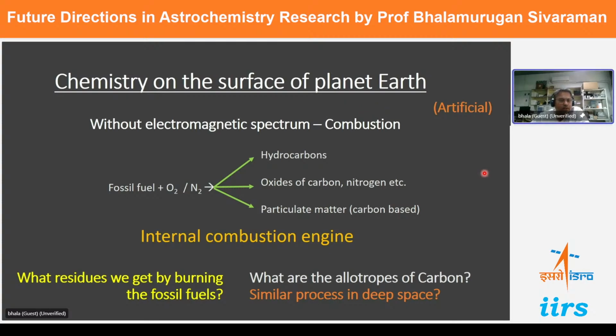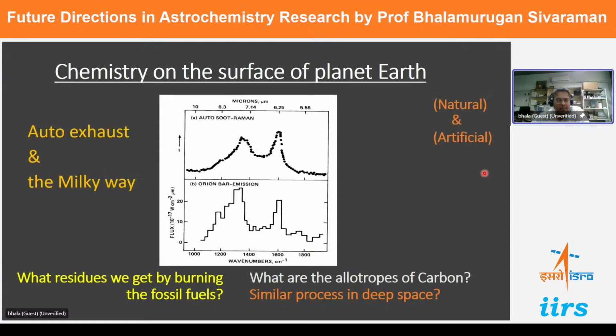But before that, yes, lots of fossil fuels were being burnt, and we have internal combustion engines burning lots of fossil fuels. So artificial chemical reactions are happening. After the advent of spectroscopic techniques, when they looked at the residue coming out of the auto exhaust, which is called soot, they looked at the spectrum of the auto exhaust, and then they looked at the spectrum of deep space.